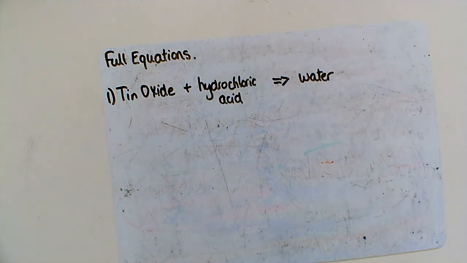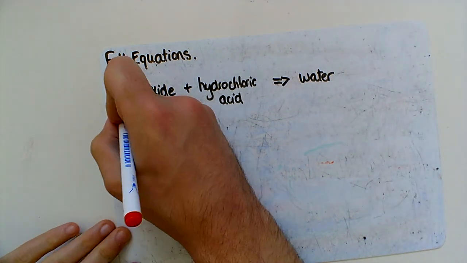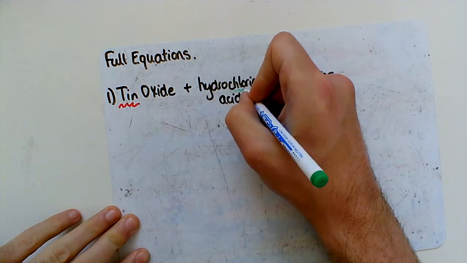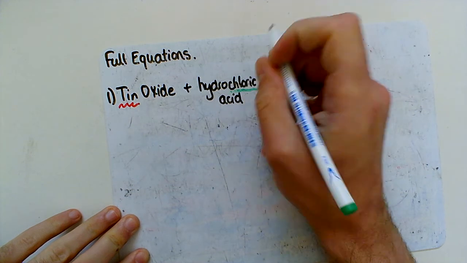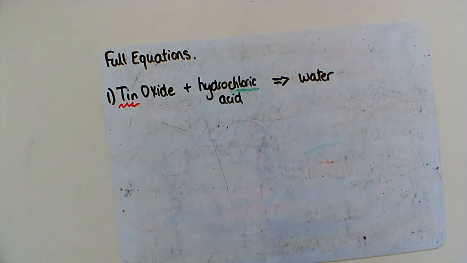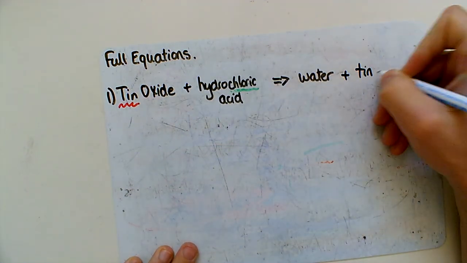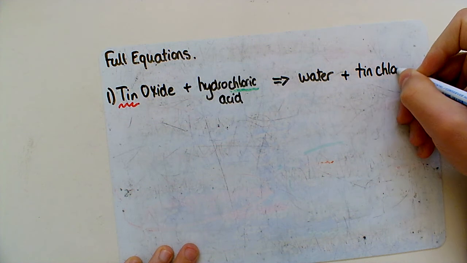Now we know how to name salts. We know we take the metal part from that, and then we look for the acid for the part that we're going to use, and for this one, it's the chloric. So our salt is going to be tin chloride.